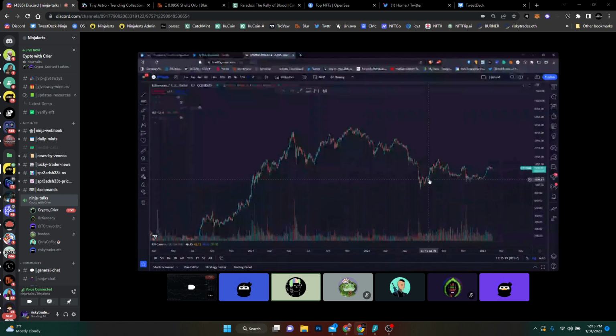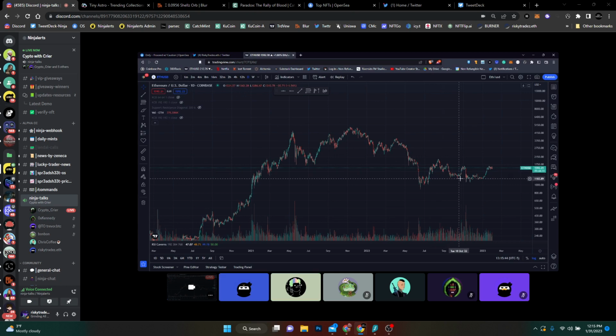If I bought here and I'm looking for it to go all the way up here, I'm in a long position. I think that this current price is low, so I will buy here and ride this wave up. If I think this is a top, then I will go short, so I make money as I am going down in price. If that makes sense.